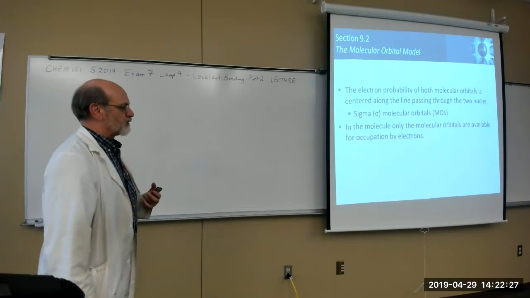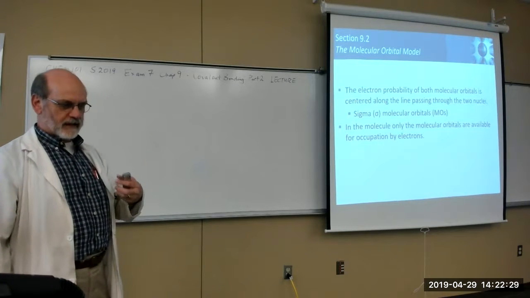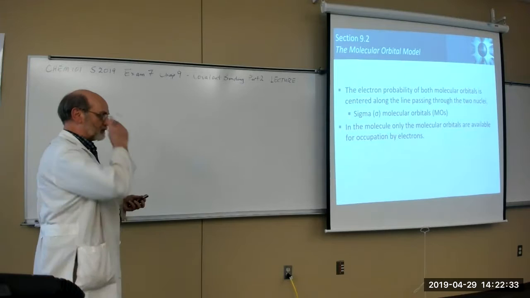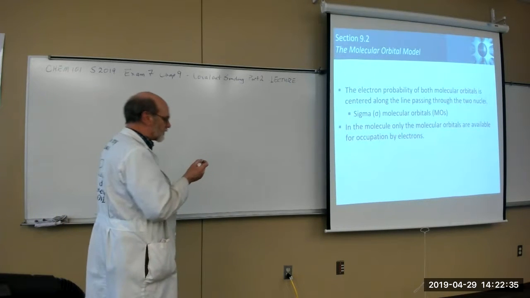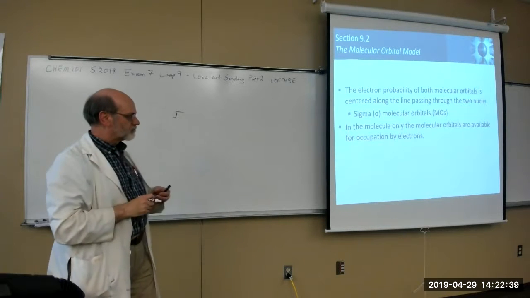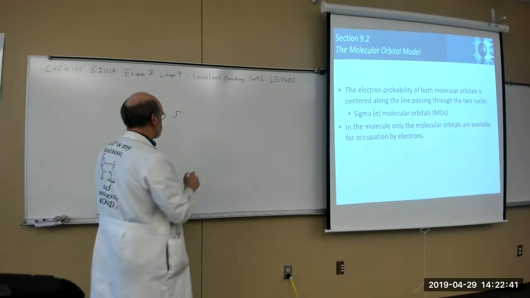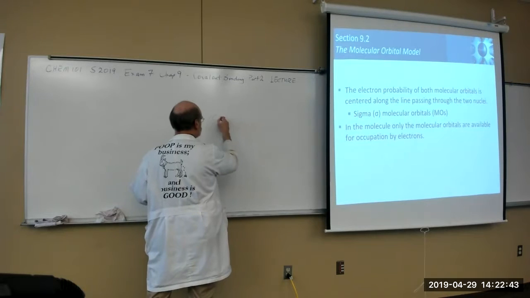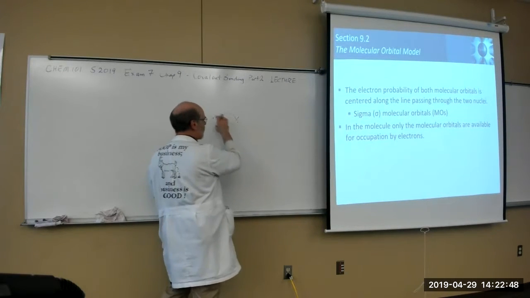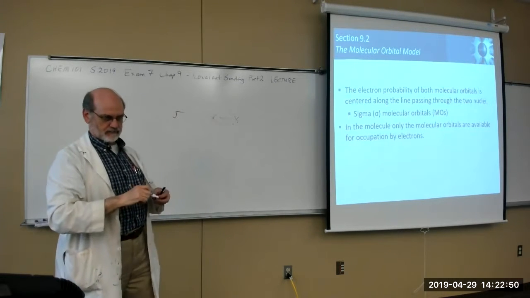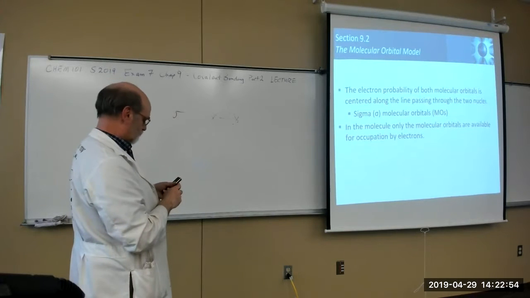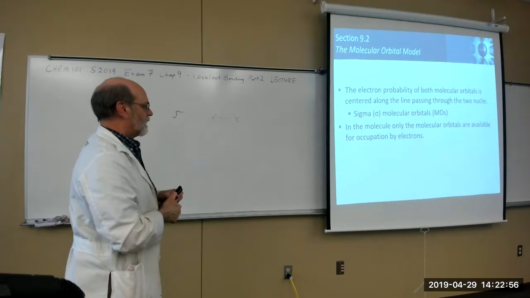There are two types of bonds that can be characterized for molecular orbitals. The sigma bond has its density localized on axis between the atoms.